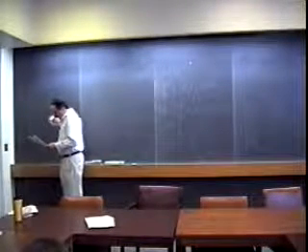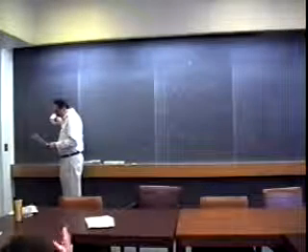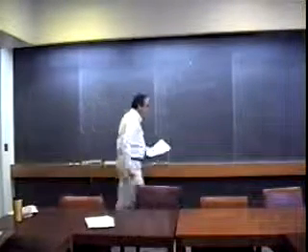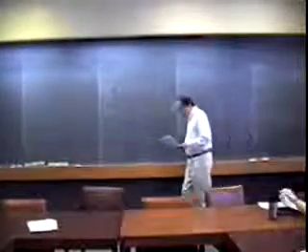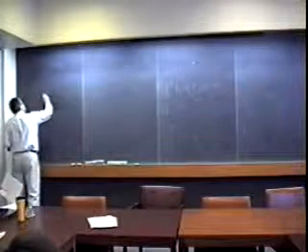Okay, so I want to return to this product of amplitudes. And how would I determine this product of amplitudes? Well, the product of amplitudes is given by a time over a period.